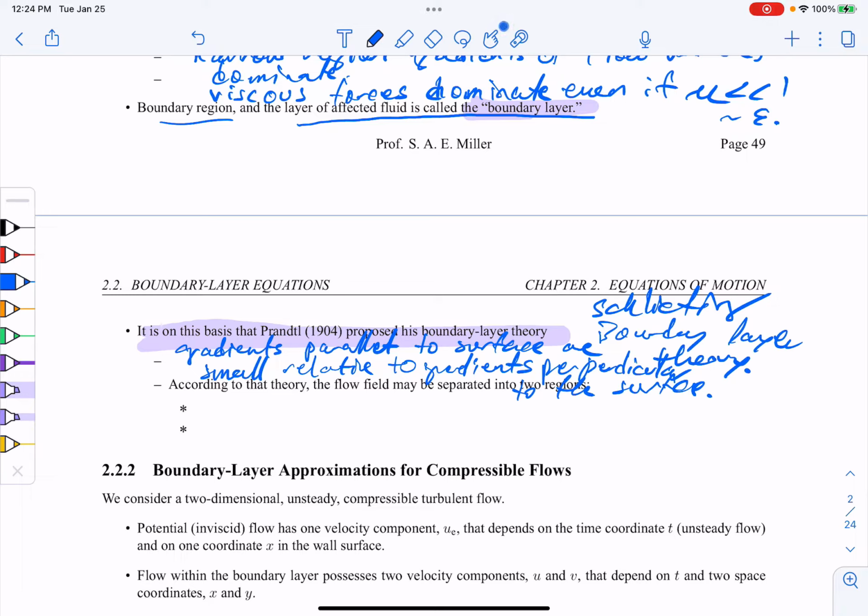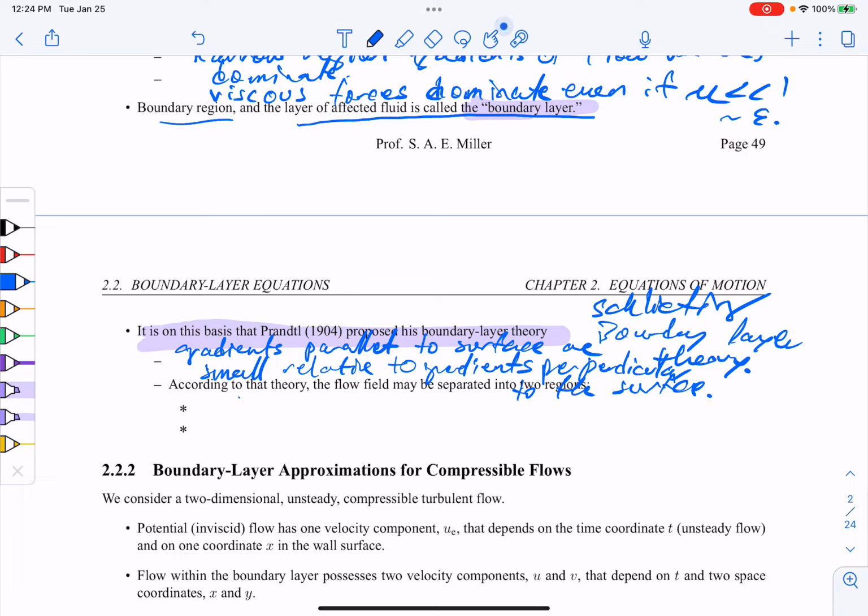The growth and change of turbulent kinetic energy, like partial k, partial x, is very, very, very small in a fully developed turbulent boundary layer relative to, say, partial k, partial y, which is how turbulent kinetic energy changes as you're going away from the wall. So those are just two examples of this important observation.